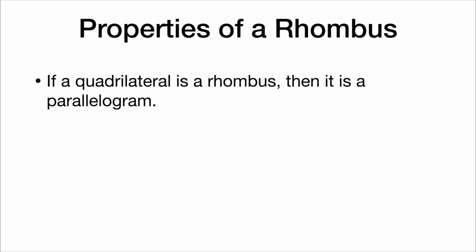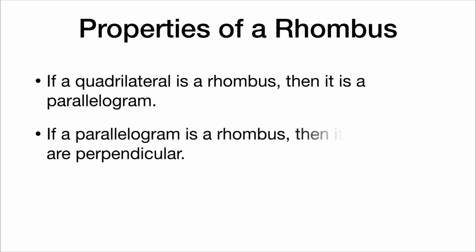So, here are some other properties, though, that we get. First, as we stated before, if a quadrilateral is a rhombus, it is a parallelogram. But then, if a parallelogram is a rhombus, then its diagonals are perpendicular. So, if it is a rectangle, its diagonals are congruent, and if it is a rhombus, they are perpendicular.